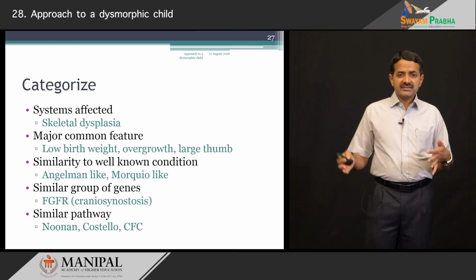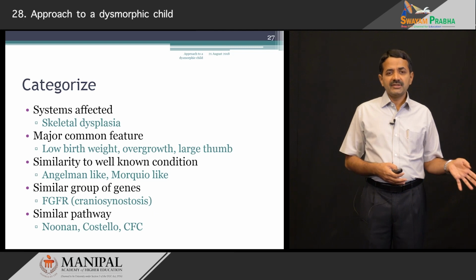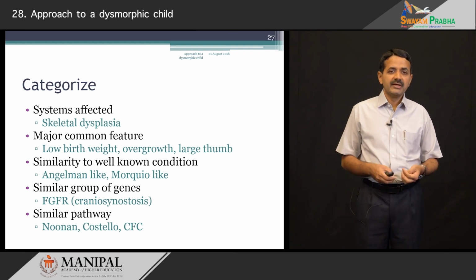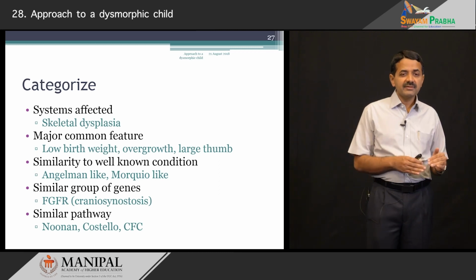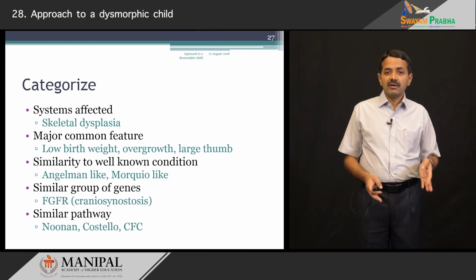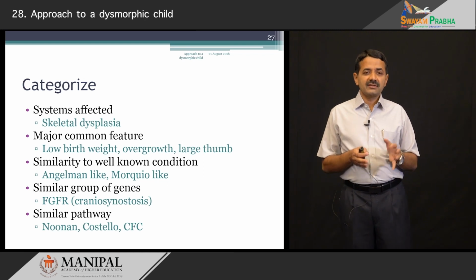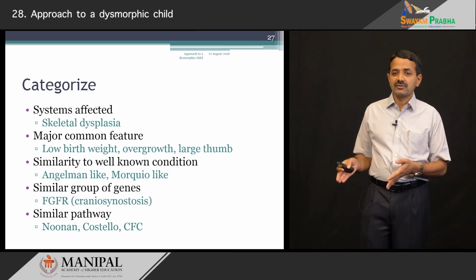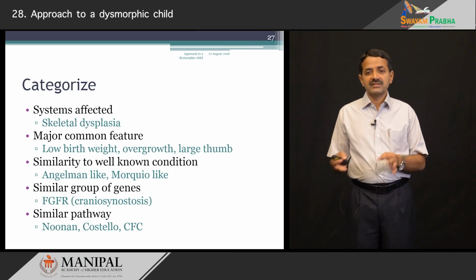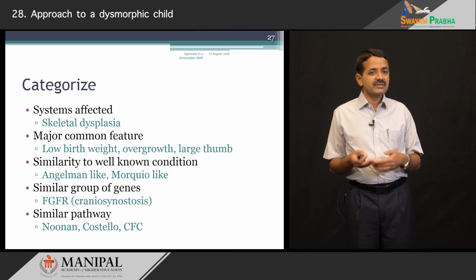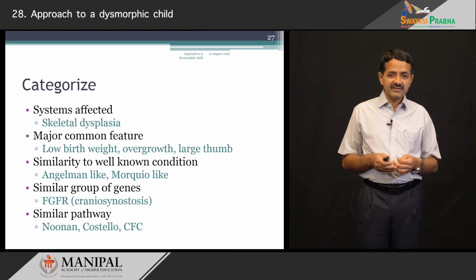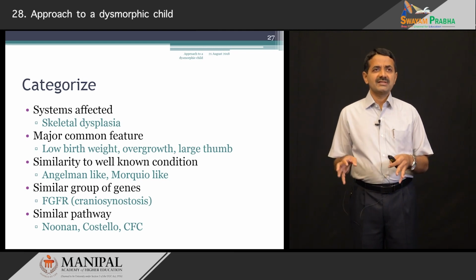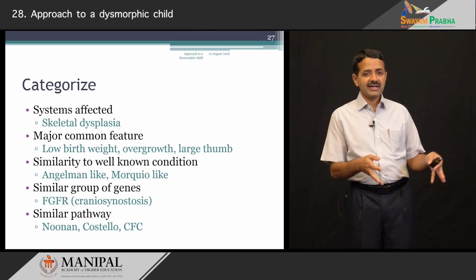Once we know which system is affected, after we classify them into whether it is deformation, malformation, disruption or even dysplasia, then we can see if it is only affecting bone, it can be a skeletal dysplasia, or sometimes we have something like low birth weight, syndromes of primordial short stature or overgrowth syndromes, or a large thumb as you see in Rubinstein-Taybi, that may be one of the major features of a particular condition, or it can be similarity to well known conditions like Morquio-like condition, Angelman-like condition.